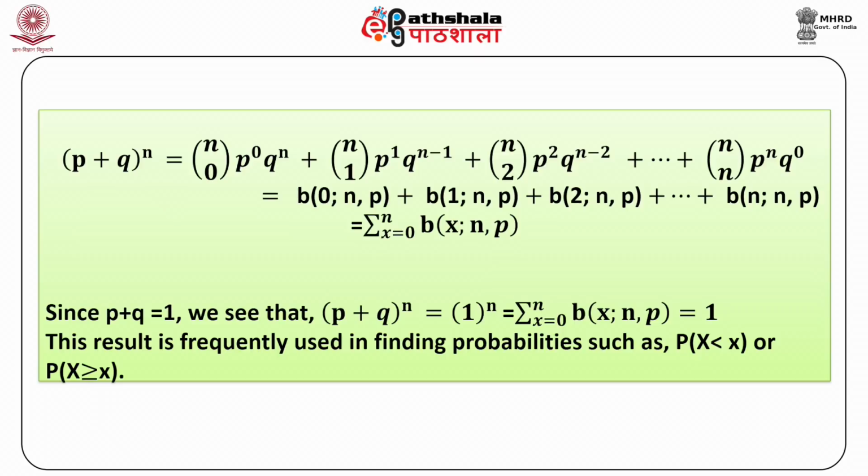Now this can also be rewritten as b of 0 with n and p plus b of 1 with n and p, and so on up to b of n with n and p, which means it is nothing but the summation of b of x given n and p, where x ranges from 0 to n. Now, since p plus q is equal to 1, p plus q raised to power n is also equal to 1 raised to power n and hence is equal to 1. So, we can say that the sum of all these probabilities has to be equal to 1.